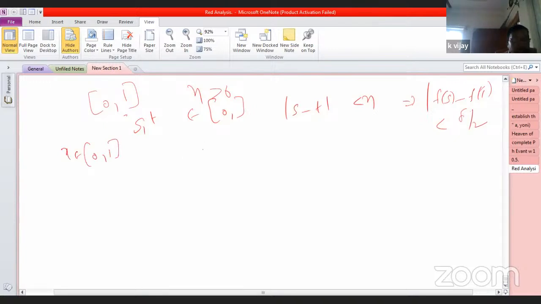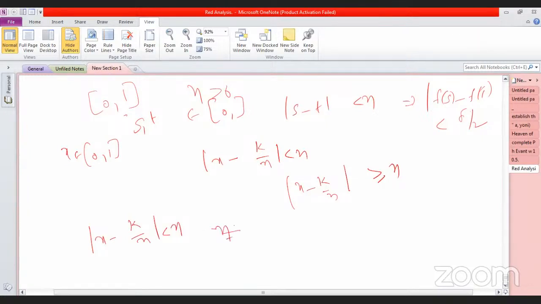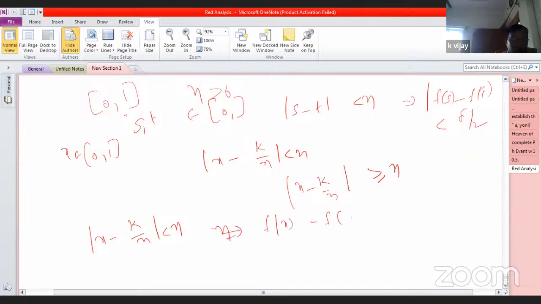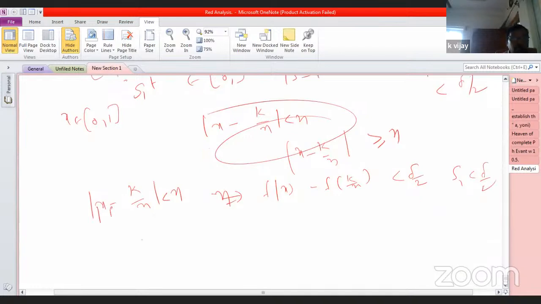S1 is the sum of the terms where |x − k/n| is less than delta, and S2 is the sum of the terms where |x − k/n| is greater than or equal to delta. So for S1 we are taking |x − k/n| less than delta, therefore |f(x) − f(k/n)| is less than epsilon by 2. So S1 is less than epsilon by 2 for all the conditions. Let K be a positive upper bound of f on [0,1].